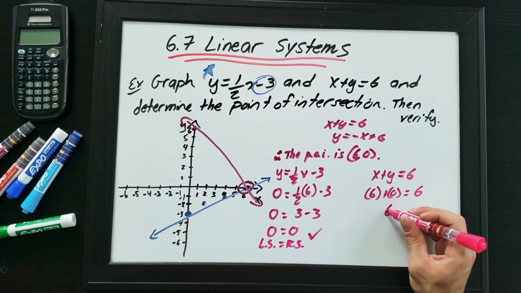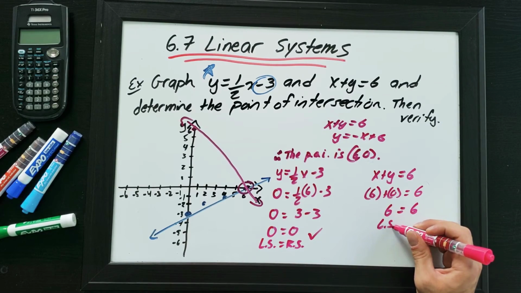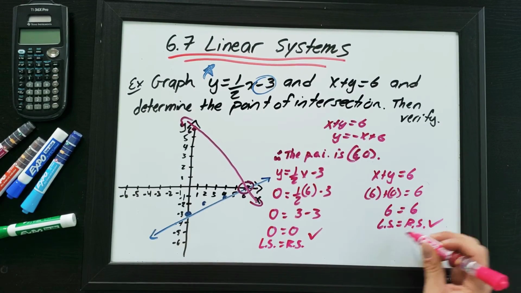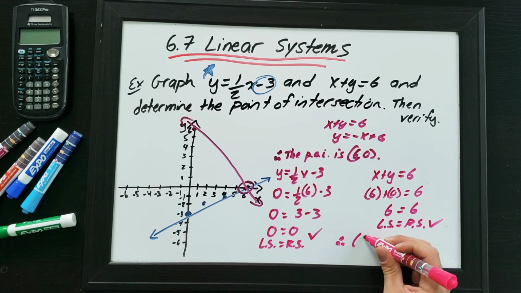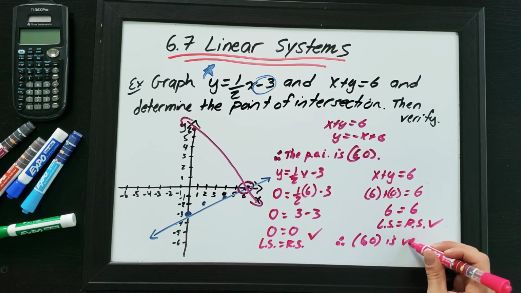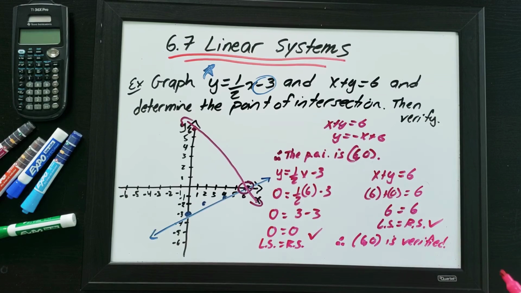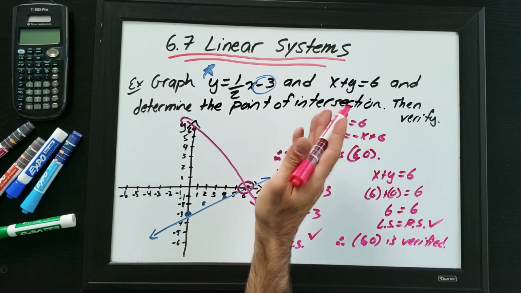So this is 6 plus 0, 6 equals 6. Left side equals right side, therefore 6, 0 is verified. Pretty straightforward to verify, and also straightforward if you know how to graph using both strategies.